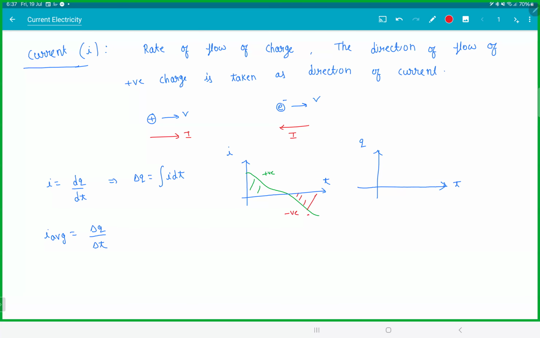This would be the negative area. So the area under the I-t graph gives you the charge flow.